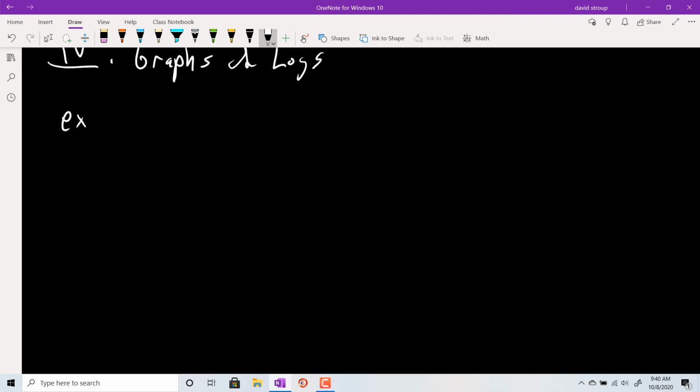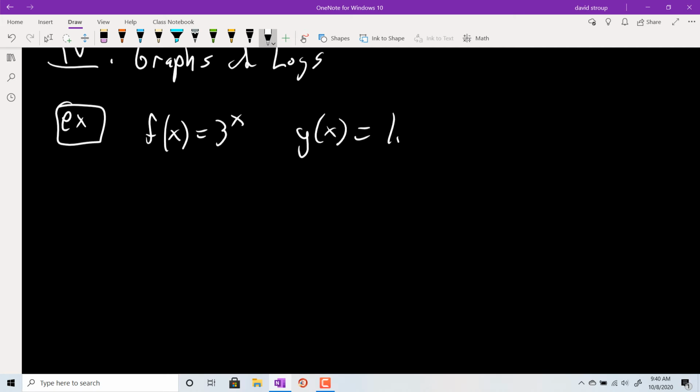What we're going to do is graph the exponential and then rotate about the line y equals x to get the log, the inverse of the original. So, for example, if you have f of x equals 3 to the x, its inverse, g of x, will be log base 3 of x. So all we need to do is really graph 3 to the x, and then we'll be able to do a rotation and get log base 3 of x.